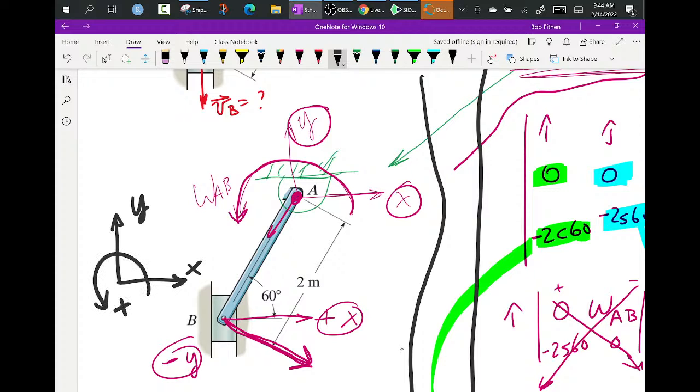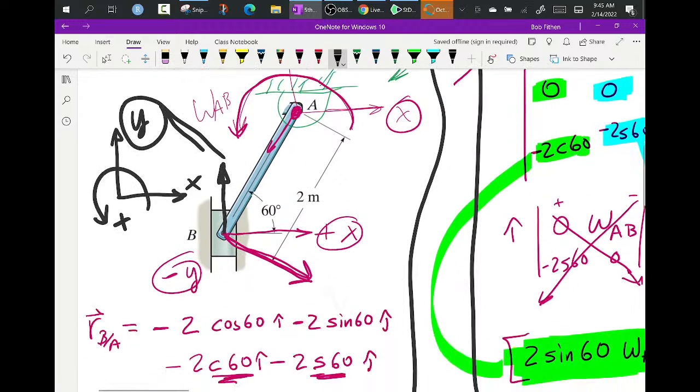Positive rotation, positive X direction, positive Y direction. So I make the assumption, I know it's wrong, but I'm going to make the assumption that it's going in the positive direction. It could go either way. You know it's going to go down, but I'm going up because it fits with the sign convention.